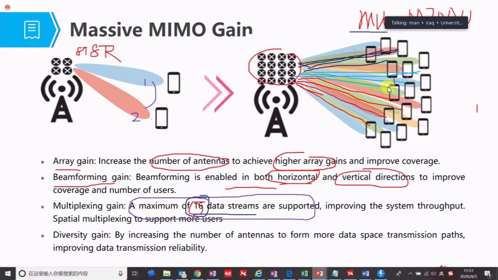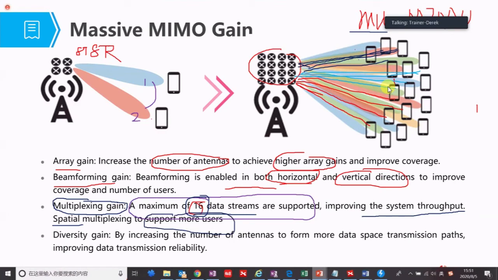Yes. Okay. Thanks, trainer. Okay, and this is beamforming, and this is spatial multiplexing. It supports multiple streams and can improve the system throughput, and spatial multiplexing can support more users.